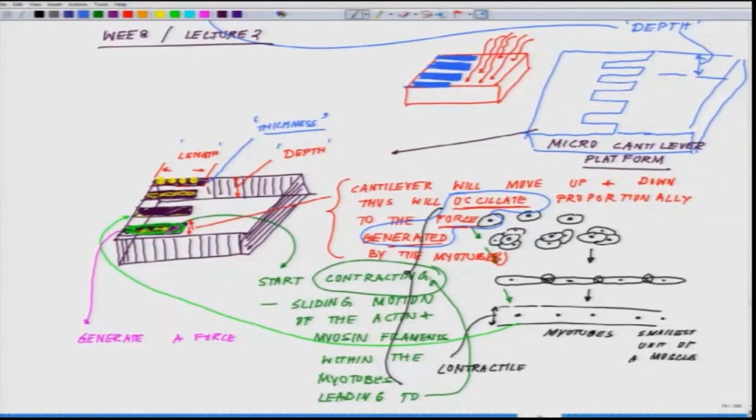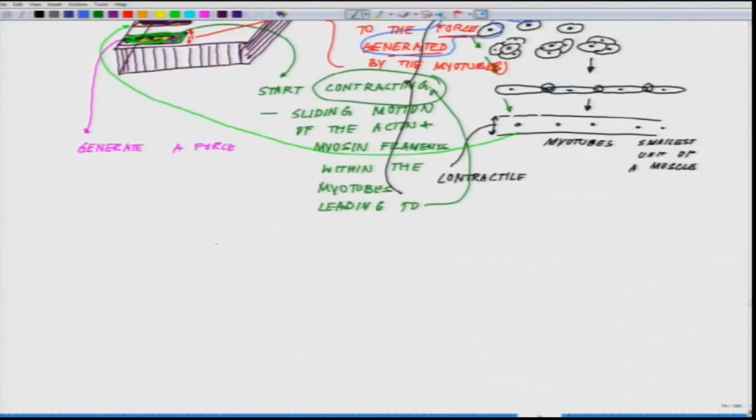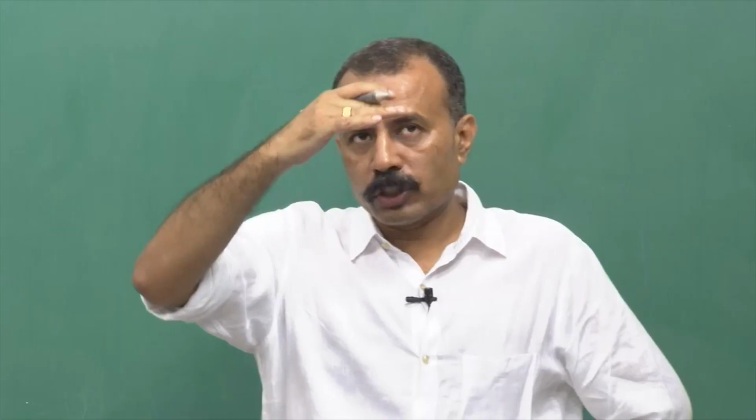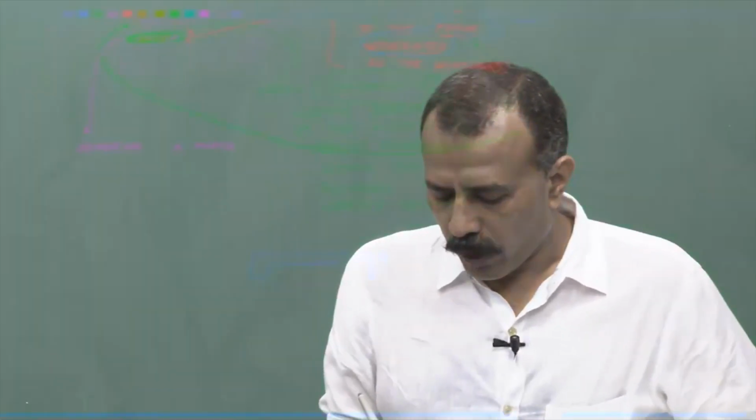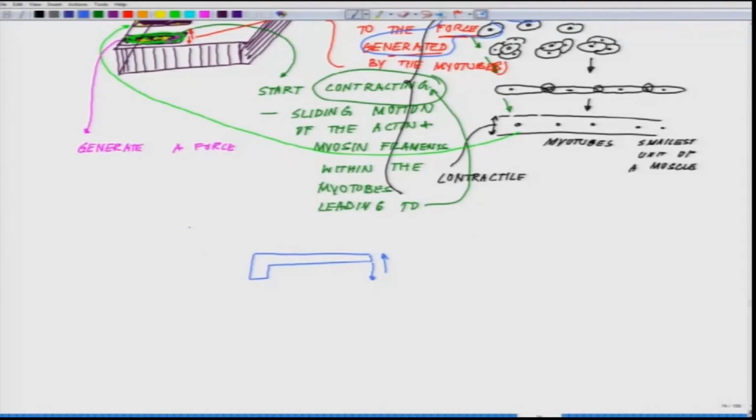Now, while this event is happening, if you can in some way measure the change in angle, say this is the cantilever you have and this is your baseline, let me draw the baseline. While it oscillates, your next stage will be something like this.